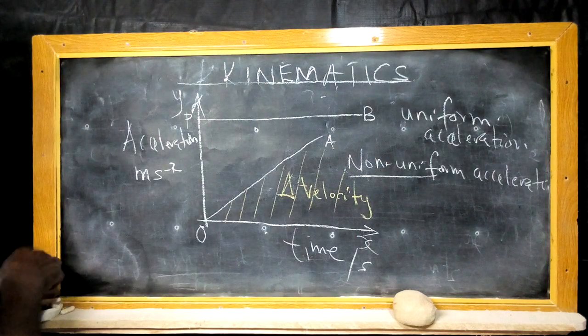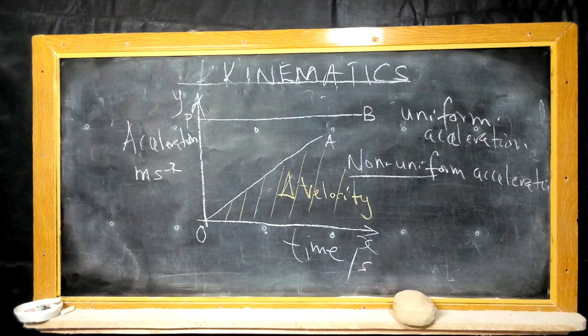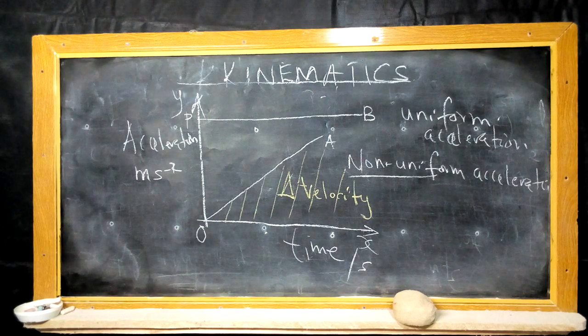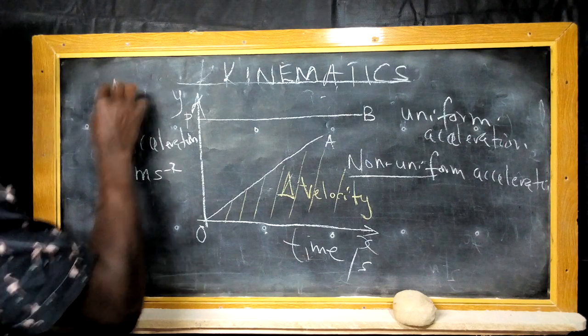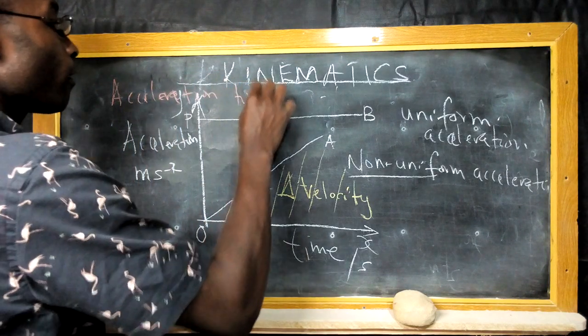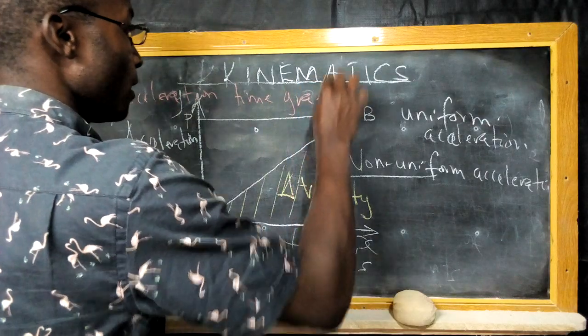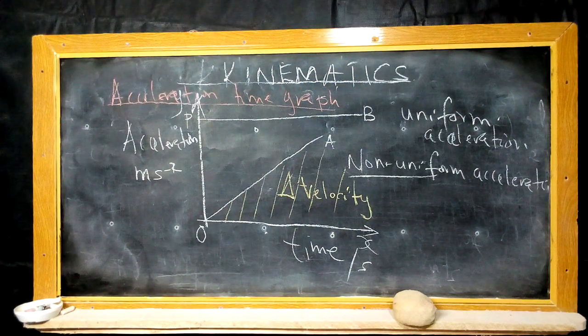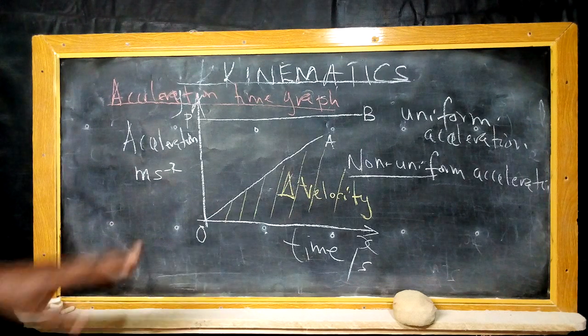So we can say that the integral, or the total area under this curve, represents velocity. We're going to see that through an equation. So this is the acceleration time graph for kinematics.